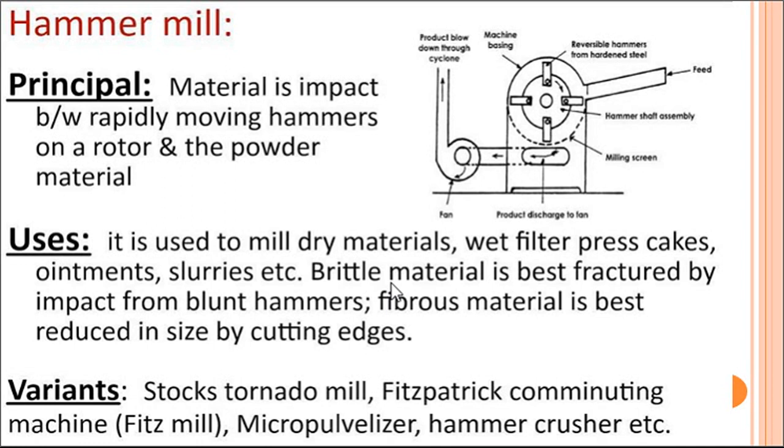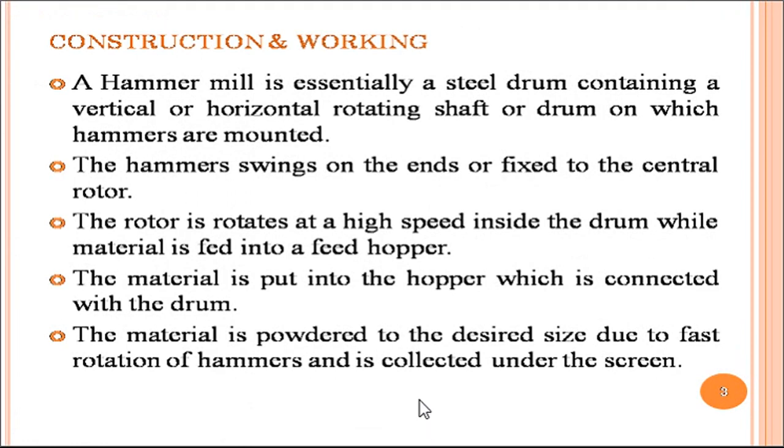Fitzpatrick comminuting machines, which are also called the Fitz mill, micropulverizer, and Hammer crusher. These are the various variants. The major objective of introducing these variants is to improve the working efficiency of the hammer mill during the process of size reduction.